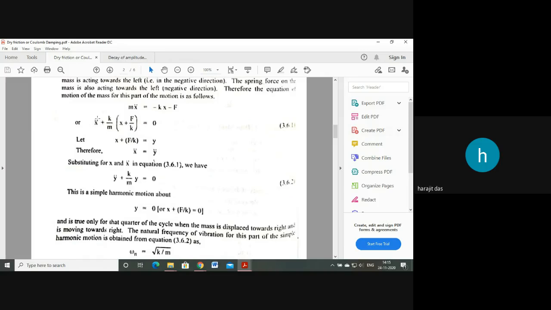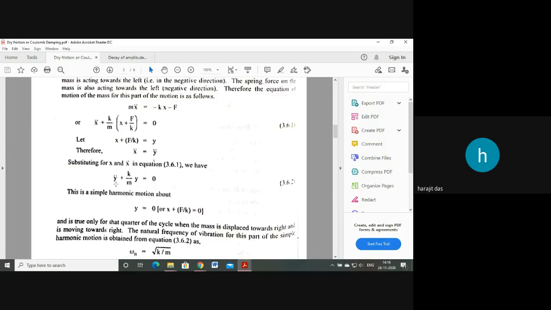Now you can write this equation of motion in terms of y. In terms of y, how will this equation become? Instead of x double dot, I will write y double dot plus k by m into y equals 0, where y is x plus f by k. Now this equation is exactly the same as the simple harmonic motion equation we got when we were studying the undamped free vibration of a single degree of freedom system, isn't it?